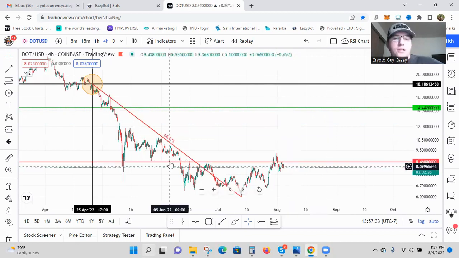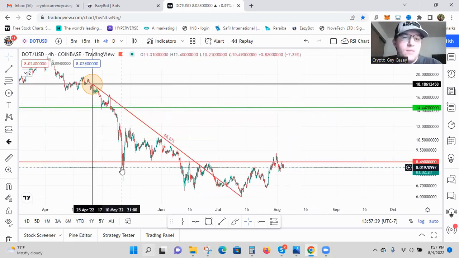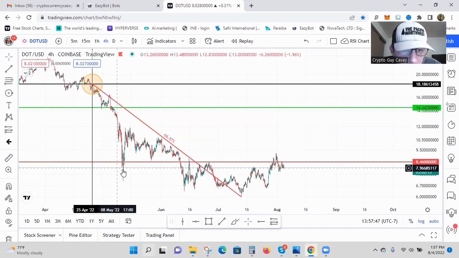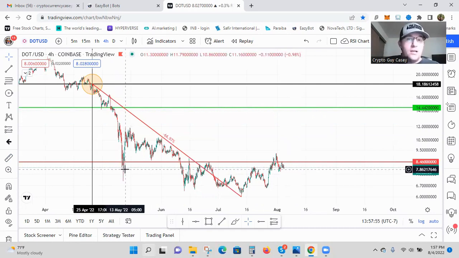This is it right here. So what does that mean? That means over the past 100 days, we've had multiple time frames that are below this price. So we've got, let's see, 1, 2, 3, 4, 5 days right there where it didn't have any money to trade.